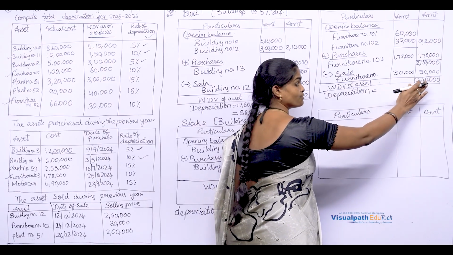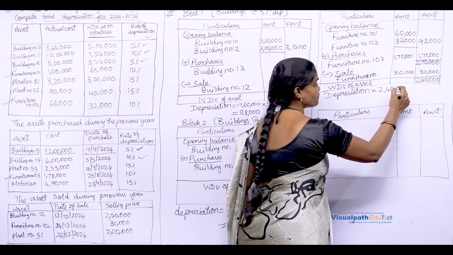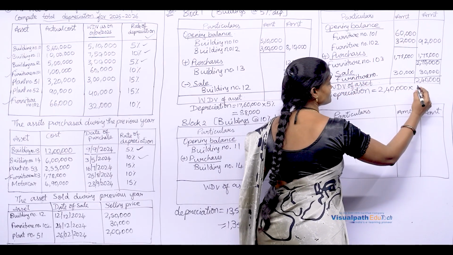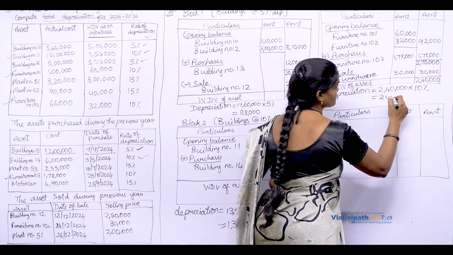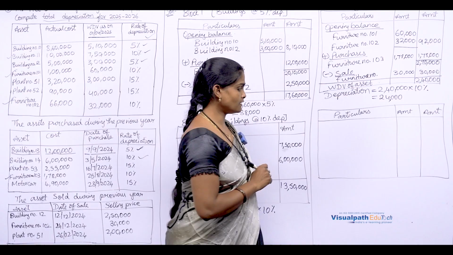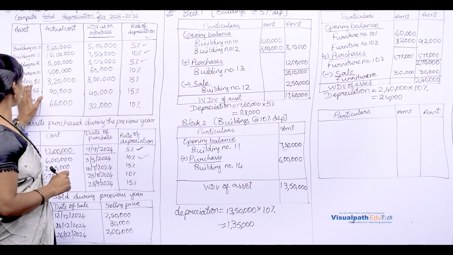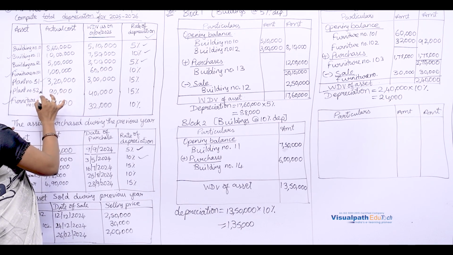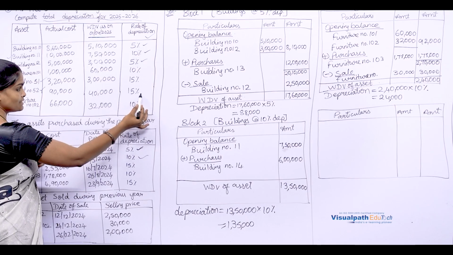Now we will calculate depreciation for this block of asset. Depreciation is equal to written down value into rate of depreciation. 2,40,000 into the rate of depreciation for this block, which is 10%. You will get 24,000. Clear? Now next we have plant. We are left with plant number 51, 52, whose rate of depreciation is 15%.